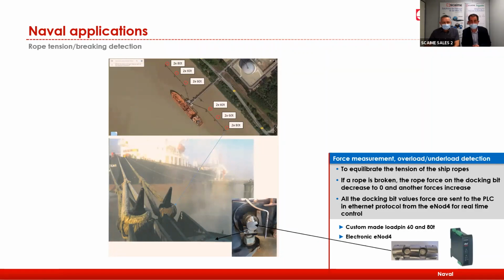A total of 12 load pins were used in these applications to monitor the tension of these ropes and to help the harbor to position correctly the ship in a correct position, if I can say.